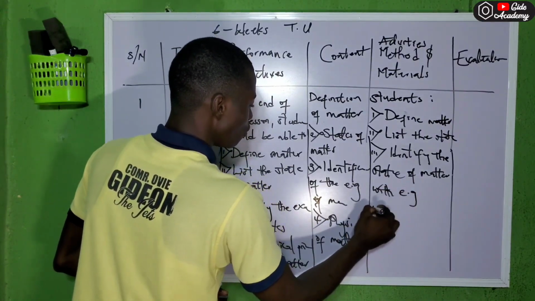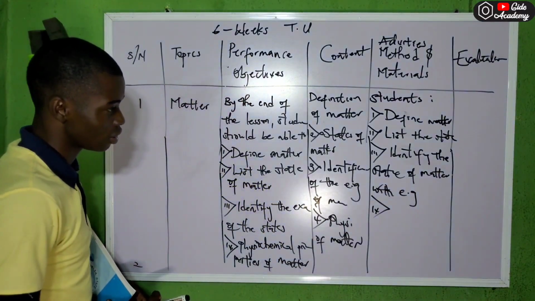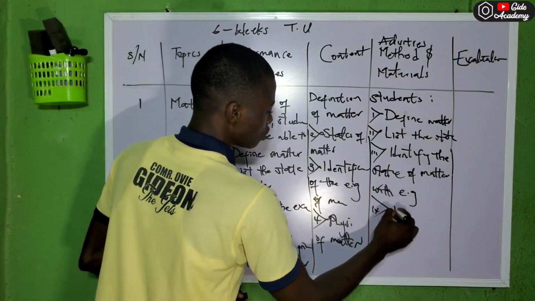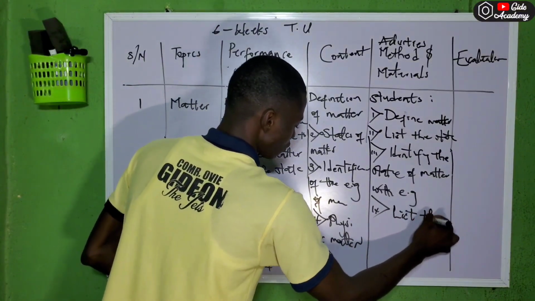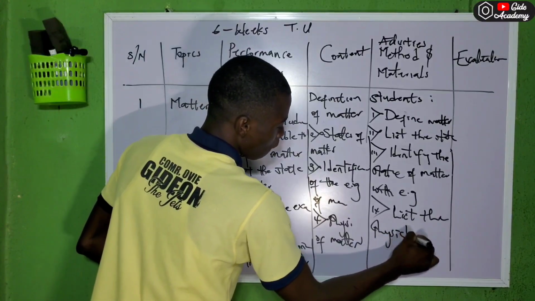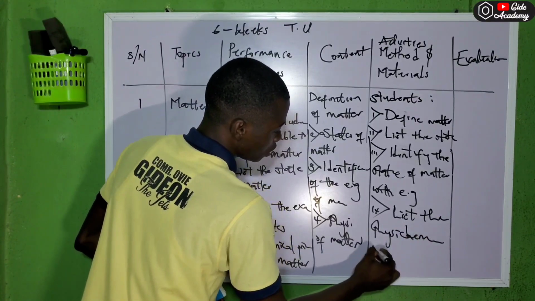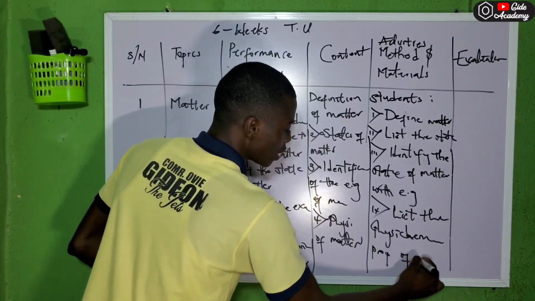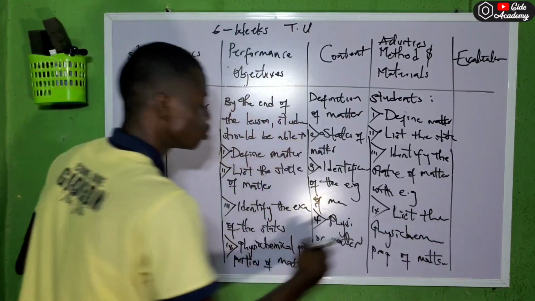Then number four, students list the physiochemical properties of matter. So those are the things you are going to do in the class.